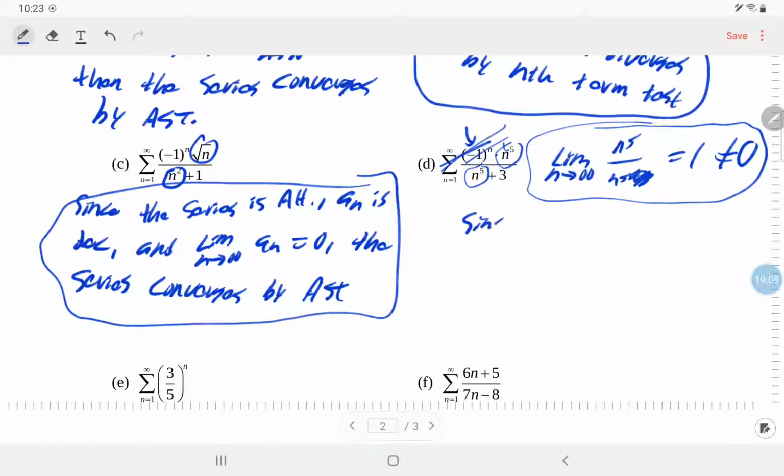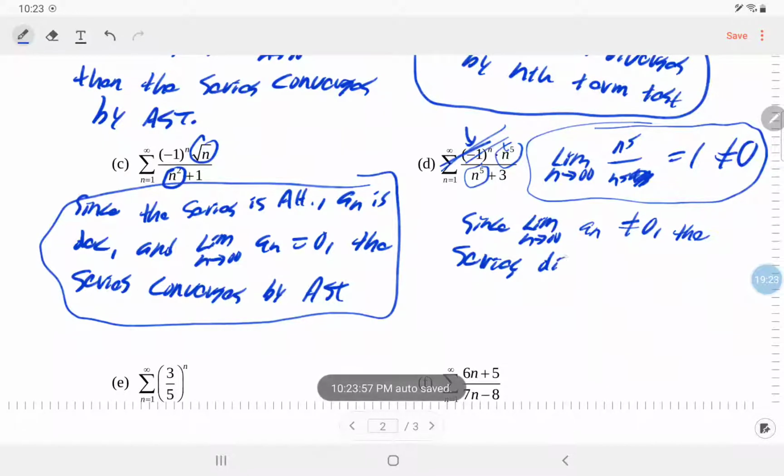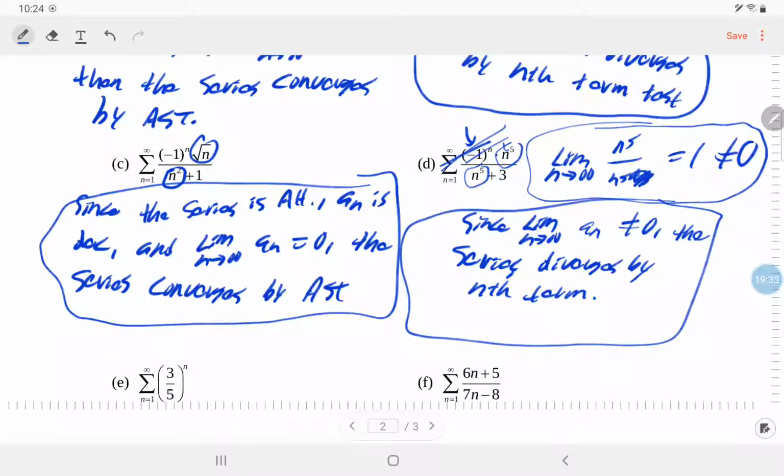I would say since the limit as n approaches infinity of a_n does not equal 0, the series diverges by nth term test. Again, my hope is that you get to the point where you can just look at it and say, hey, wait a minute, the limit at infinity is not going to be 0. It's not bottom heavy. And then you can go straight to this.